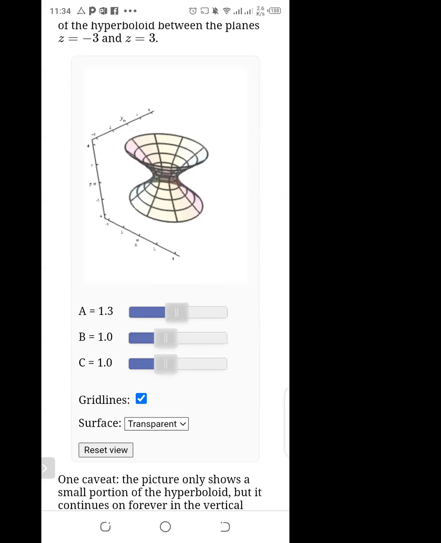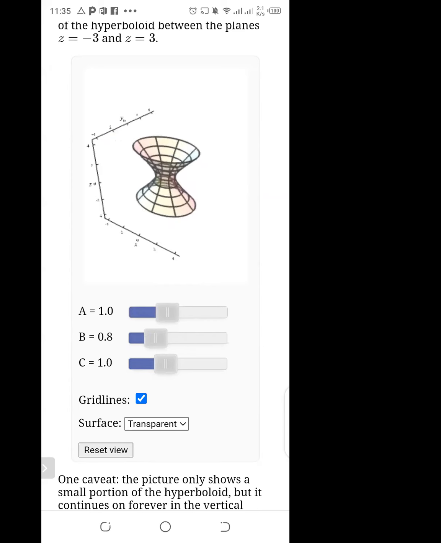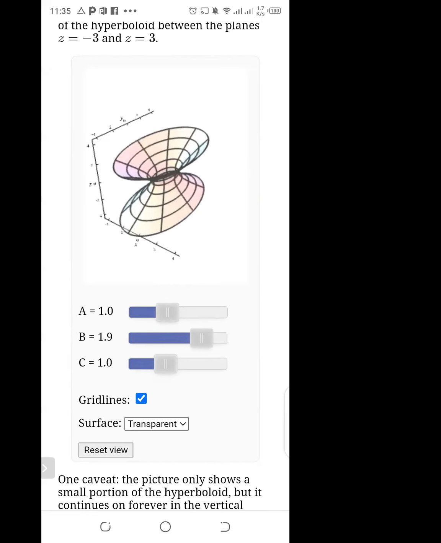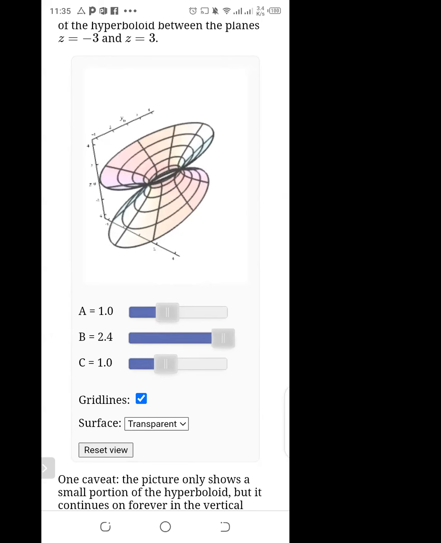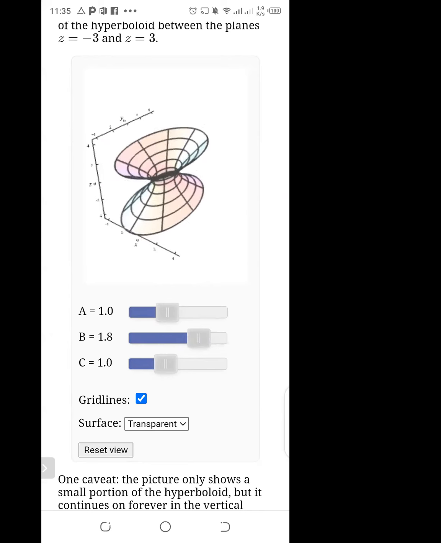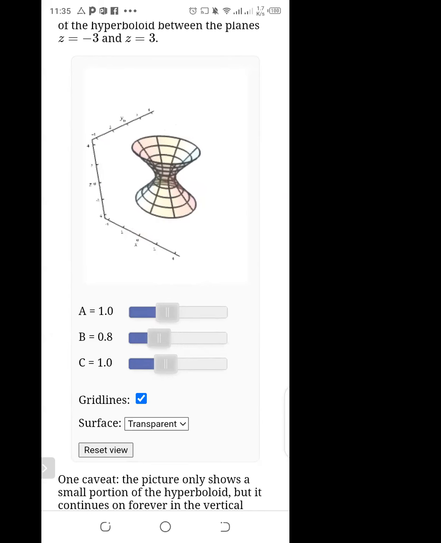Bring it back to 1. Then I change B. So again, changing B, increasing it greater than 1. How about C?